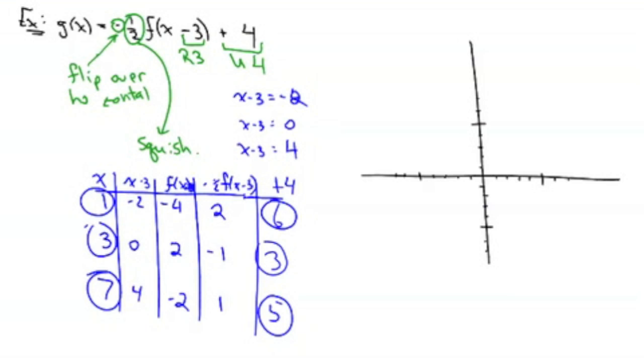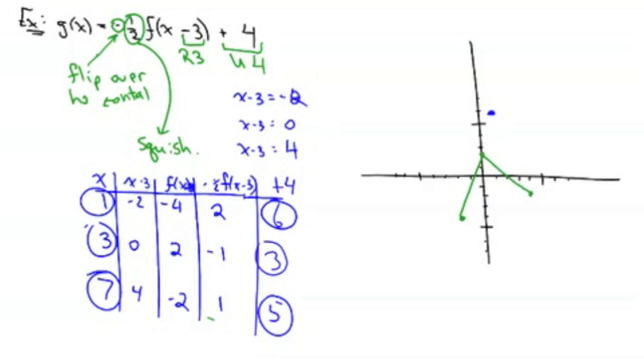Last one of this type. This is the hardest one. So here's the original graph. And then the translated graph. 1, 6.